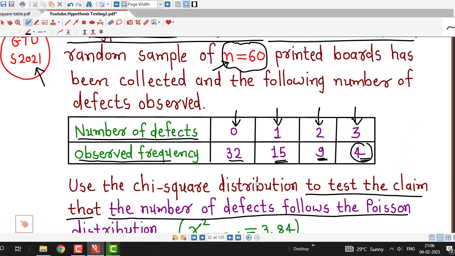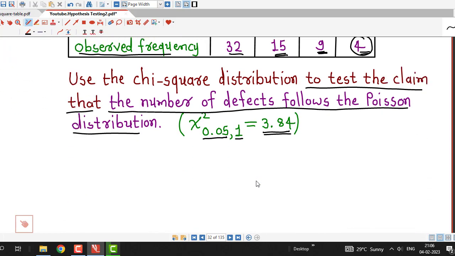So our first step is to define that our random variable capital X is the number of defects in printed circuit boards.